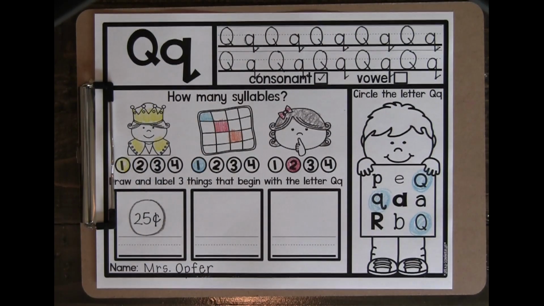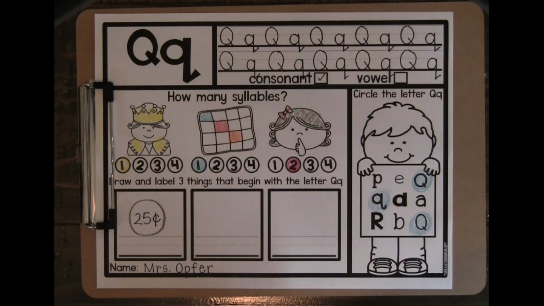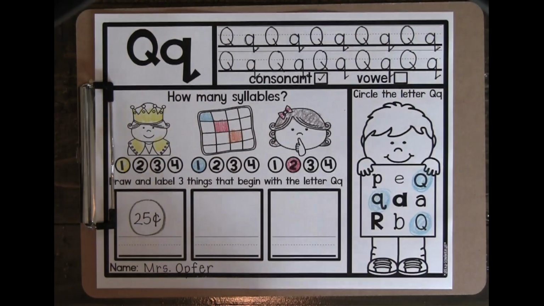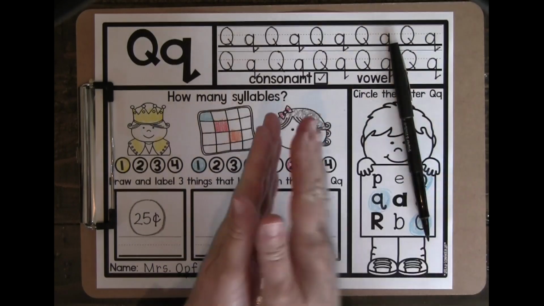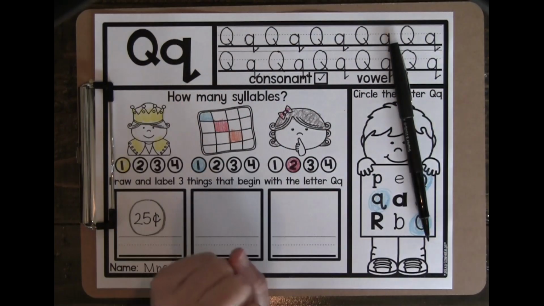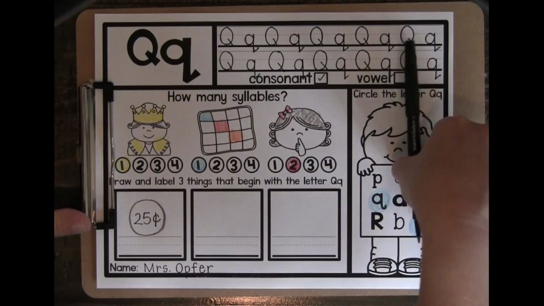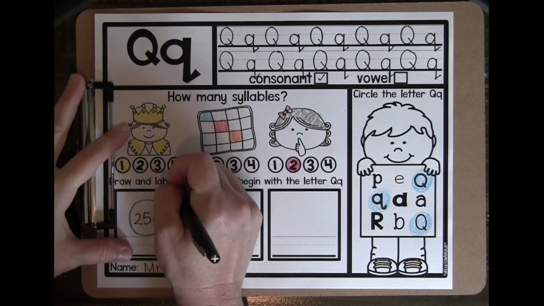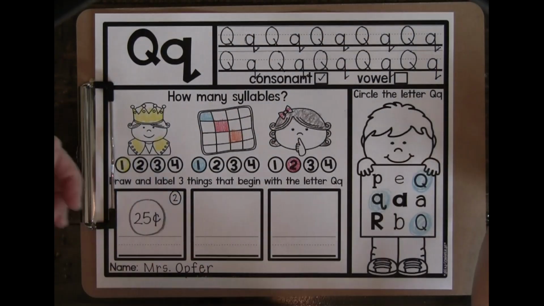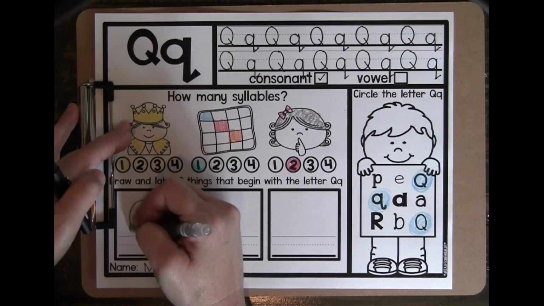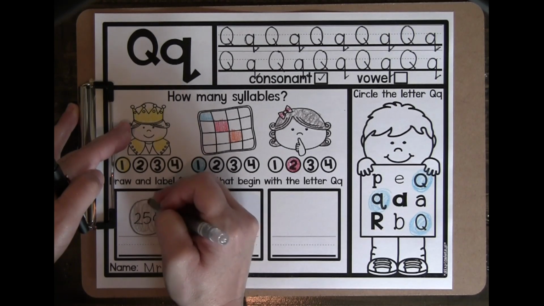What do you think I drew? That's right, I drew a coin called a quarter. I'm gonna clap that. Quarter, quarter. I'm gonna put my 2 claps. They're kind of like silvery. I'll just do a light coloring there.